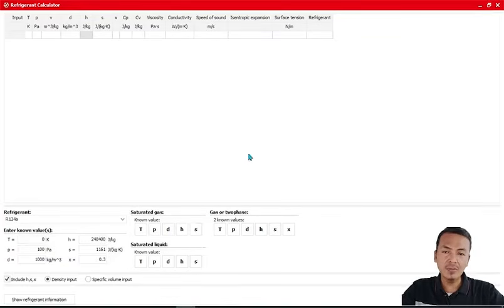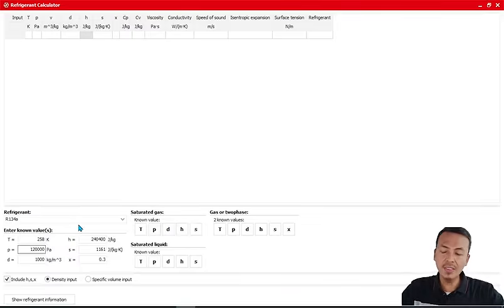For the refrigerant calculator, we have 3 calculators here. For the first condition, after the evaporation, we will use the gas or two-phase calculator. We need to input the condition after evaporation at minus 15 degrees Celsius, so it should be 258 Kelvin, and the pressure is 120,000 Pascal.